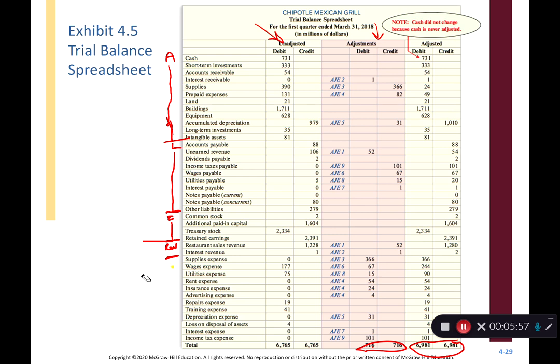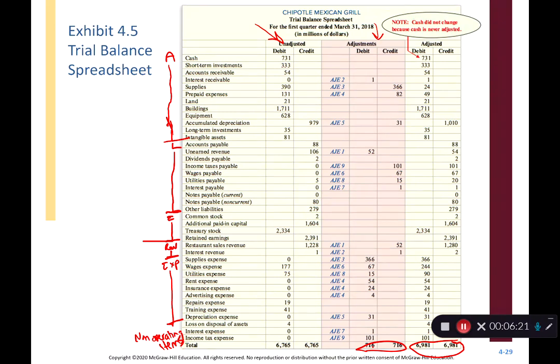And then our expenses. And then our other activities, which are gains, losses, interest income, interest expense, and dividend income. So this would be the non-operating items.